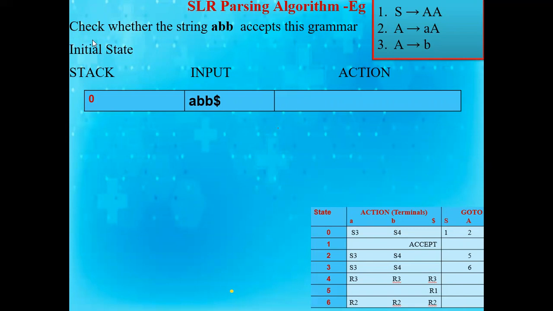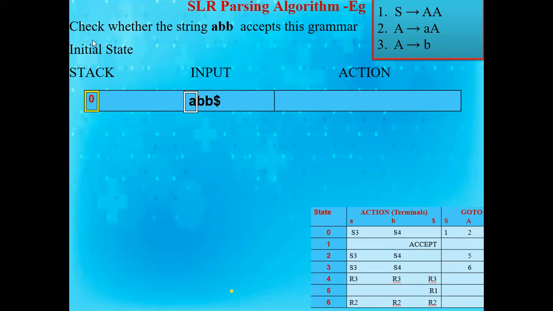What is the action to be done here? First we check the stack top, which is 0, and the first symbol, since scanning is from left to right, that is A. So 0 and A. Now consider the table.